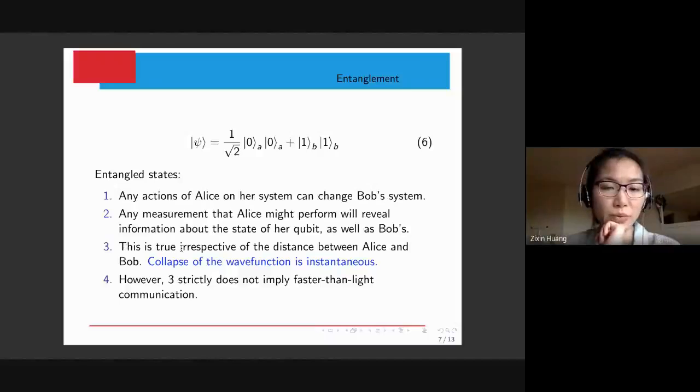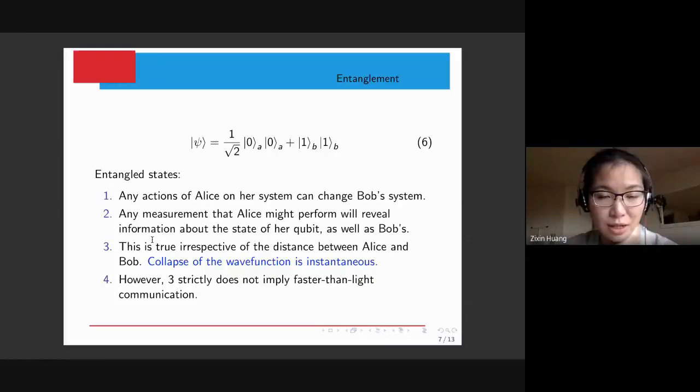This is true regardless of the distance between Alice and Bob. This is actually quite surprising because we talk about the inability to perform faster than light communication, but when Alice measures her system, this will immediately collapse Bob's.